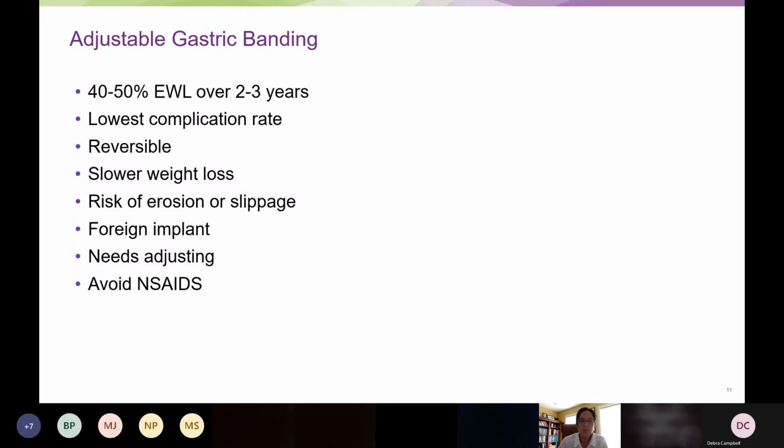That is usually a surgical emergency where we have to take them back to surgery, reposition that band, or just cut it out temporarily until their stomach heals up. It is a foreign implant, and so adhesions can form to it, although it's very rare. And then, like I said, it does need frequent adjusting. Next slide.